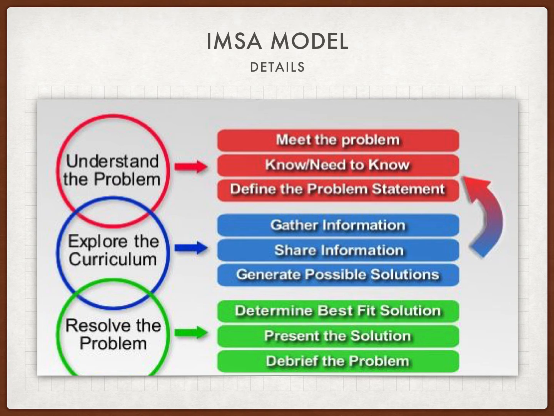The details in that is that it involves meeting the problem head on, creating a know, need to know process, which you remember experiencing yesterday, and then defining the problem, making sense of it through creating a problem statement. Once that's gathered, they go and explore the learning.